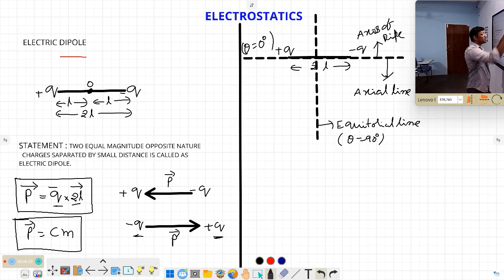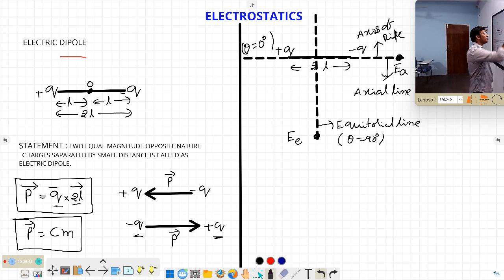So now we are going to discuss the next topic: due to these two charges, you know that each charge produces its own electric field around it in the space. So this combination of charges produces the electric field at different points. I can take a point on the axial line, and we are going to calculate the electric field along the axial line. It also produces an electric field along the equatorial line, which we are going to calculate.